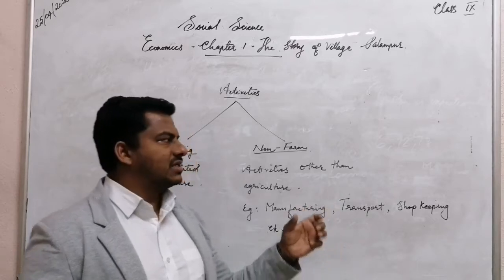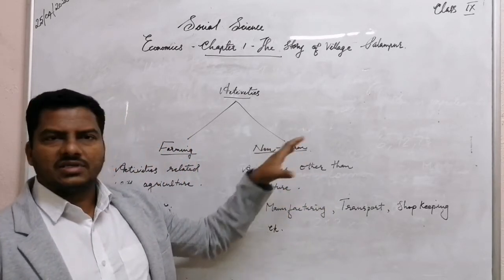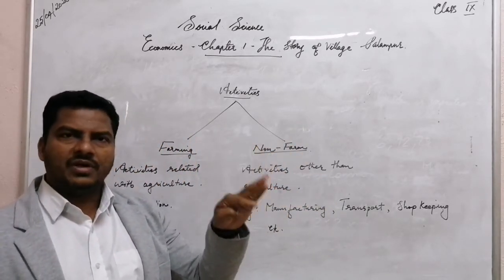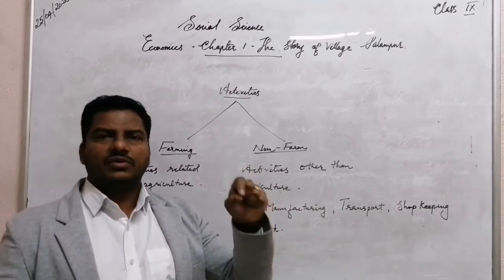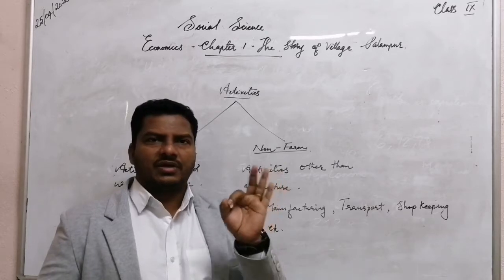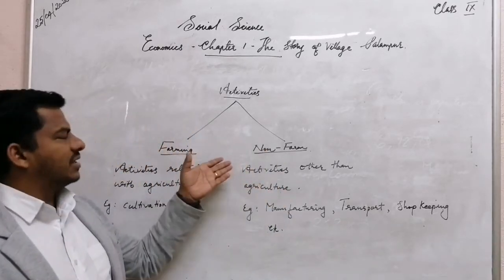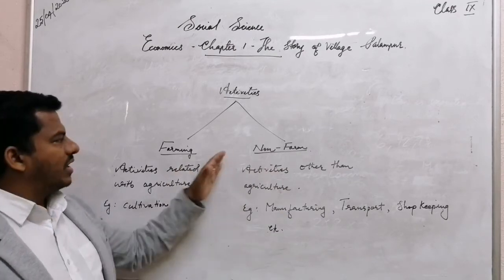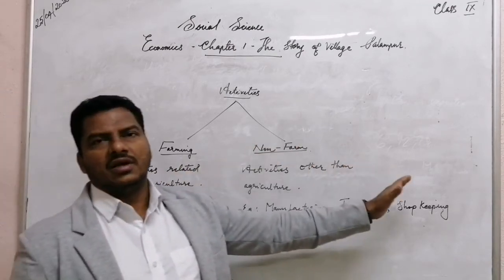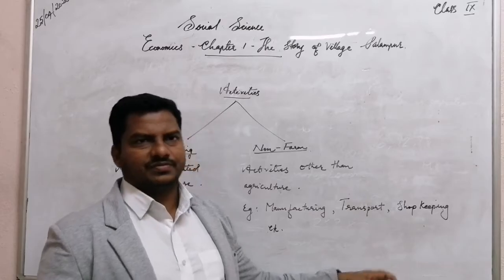So in this village, we can see activities like agriculture, shopkeeping, transport, communication, many things. From this example, we can say that there are different types of activities in this village. One is farming activity and another is non-farming activities.